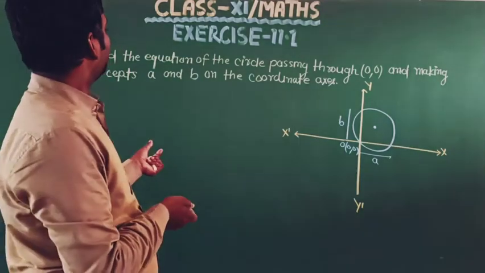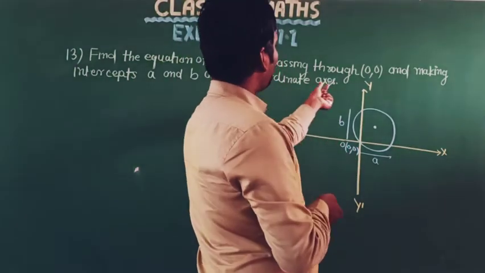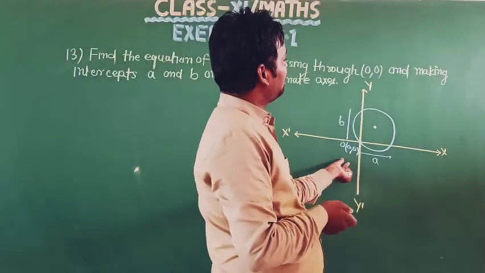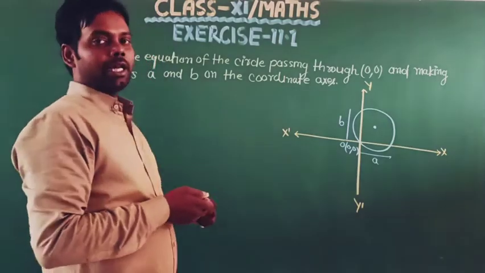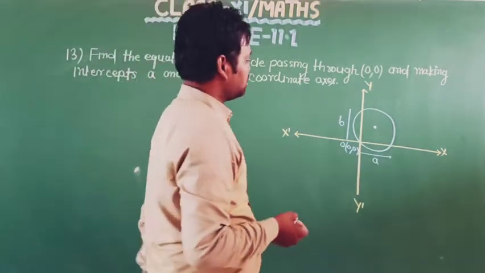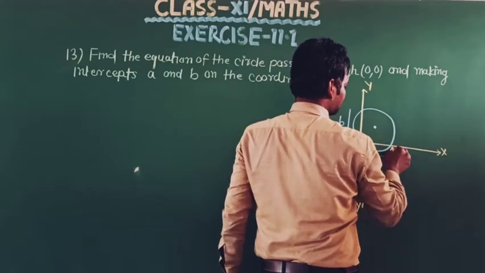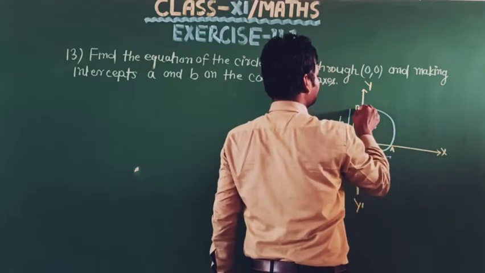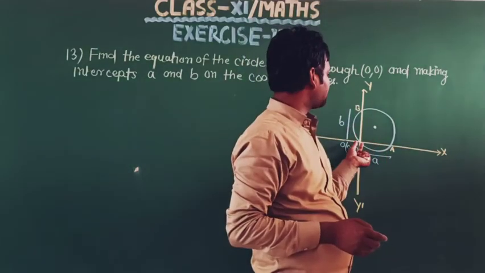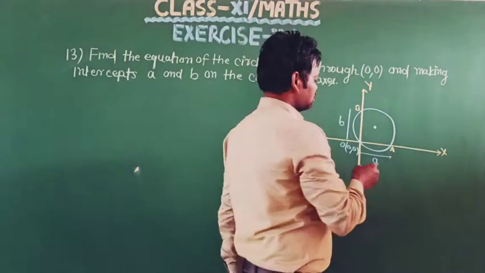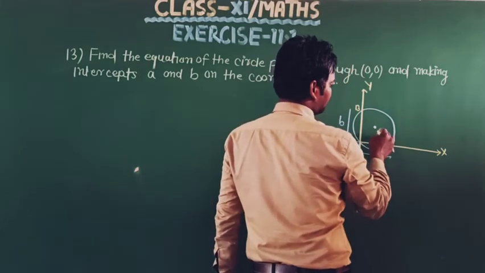So this is the circle passing through 0, 0 and making intercepts A and B on the coordinate axes. Here suppose this is A and this is B. A is the intercept on the x axis and B is the intercept on the y axis. So here OA is a chord of the circle.